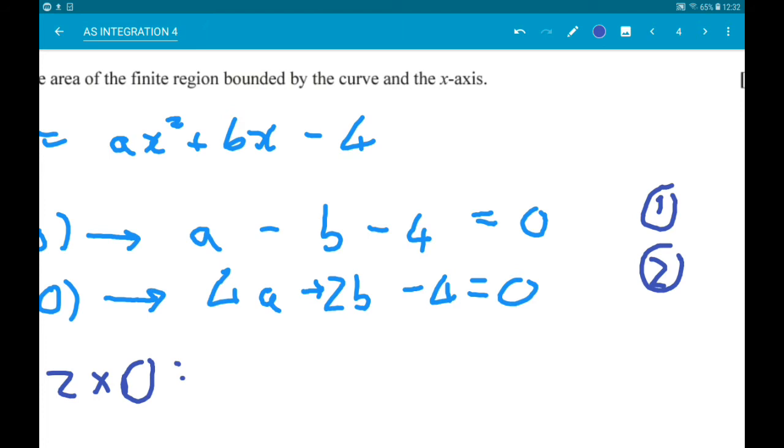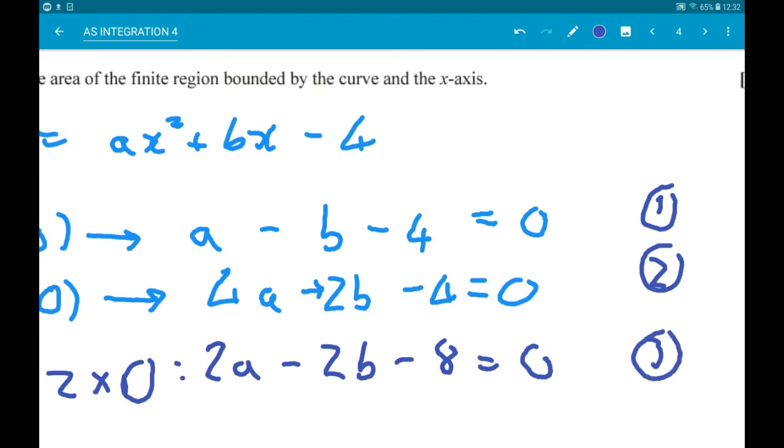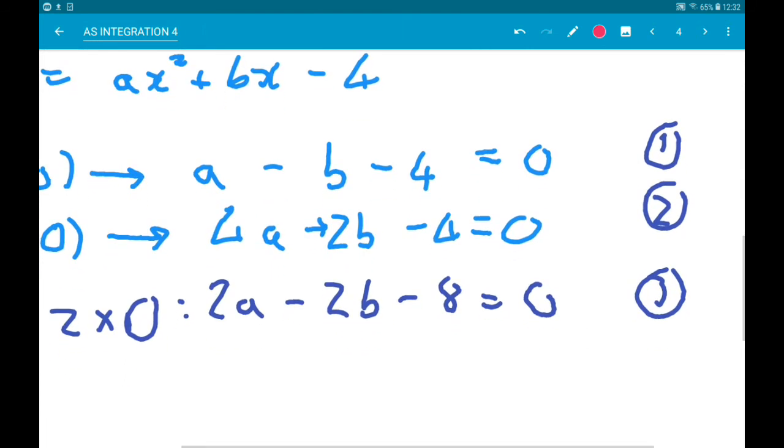So I'm going to have 2a minus 2b minus 8 is 0. And I'm going to call that number 3. Okay, then I can now get rid of the b's by doing number 2 add number 3.